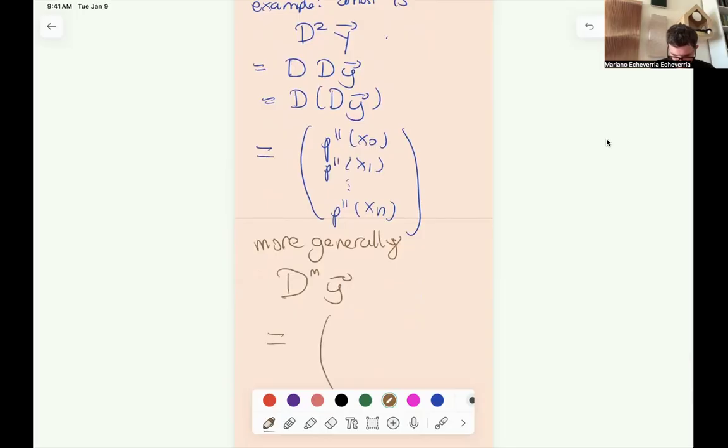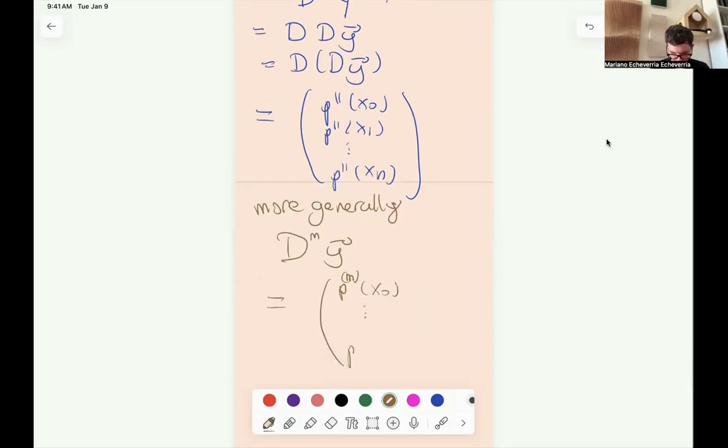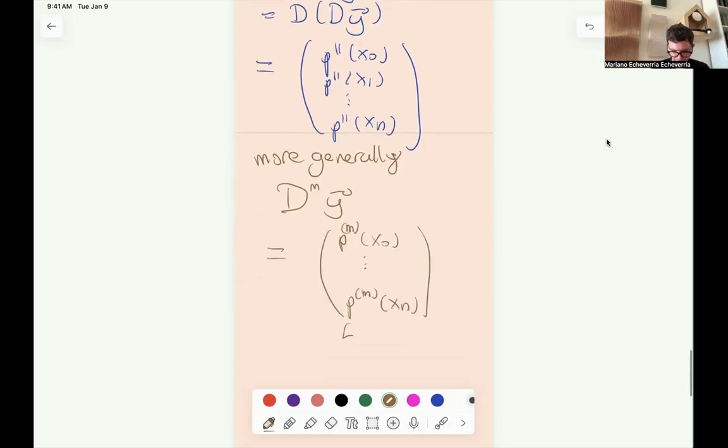So this would be p^(m) of x0 up to p^(m) of xn.